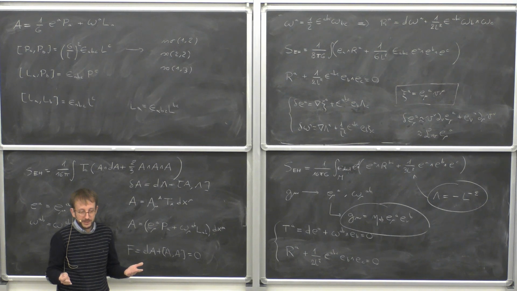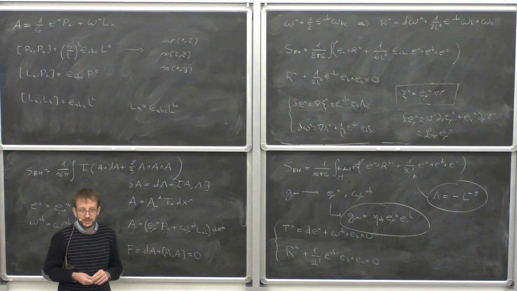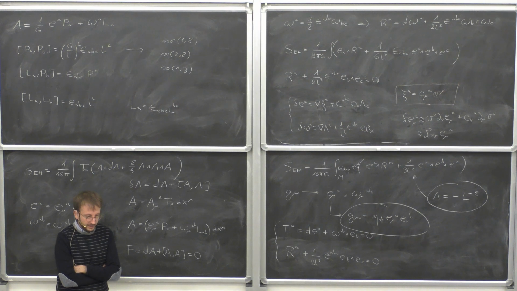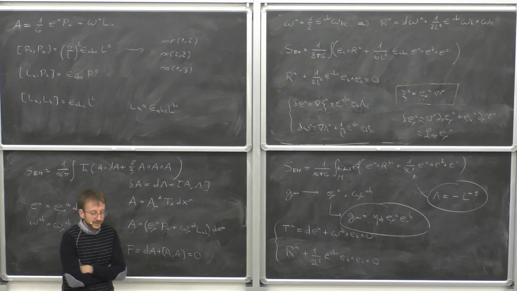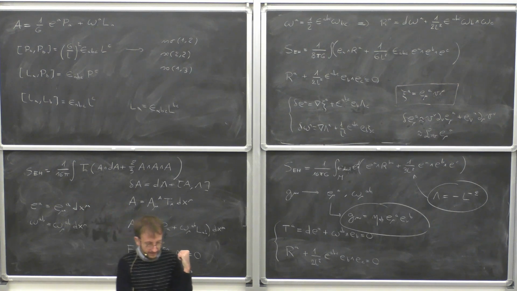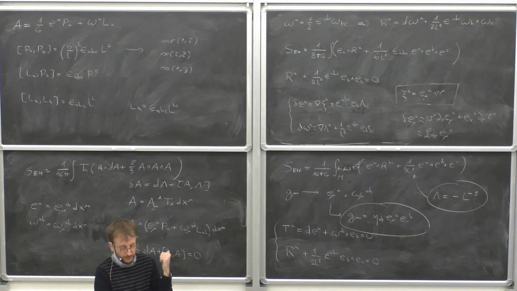There have been several attempts to quantize it, but to be optimistic, I would say there is no agreement on what people managed to do. Even for the quantization of this theory, there is a paper by Witten of '84, '86.